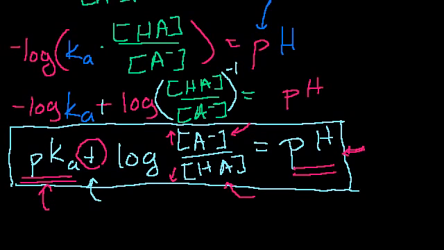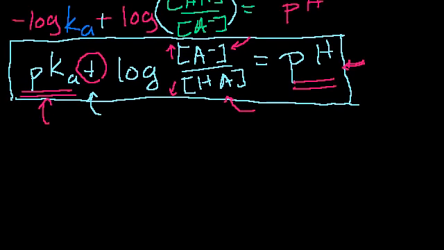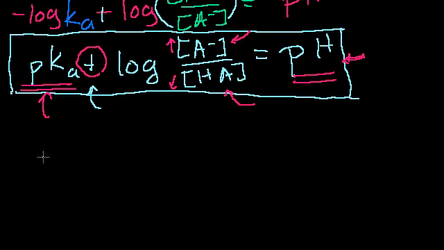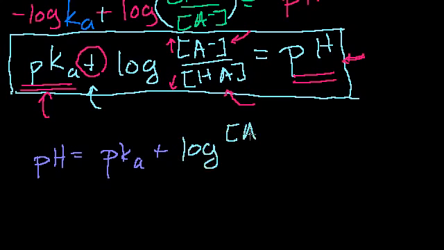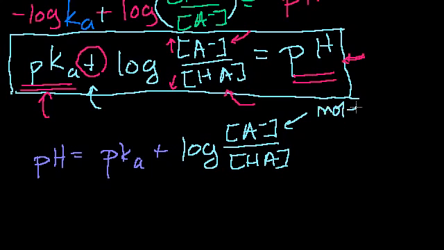Now, the one thing that I find really neat about this equation, let me rewrite it again. pH is equal to pKa, which is a constant, plus, you could look that up on Wikipedia for a certain temperature for a certain molecule, plus the log of our conjugate base divided by our conjugate acid, or the weak acid. This is moles of A minus divided by whatever volume we're dealing with.